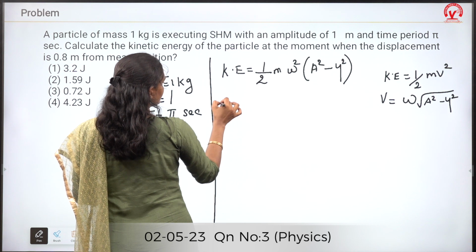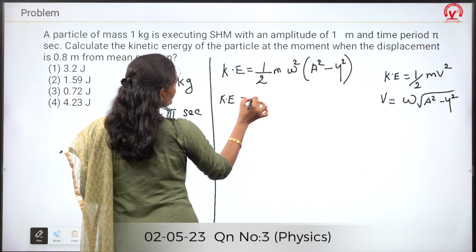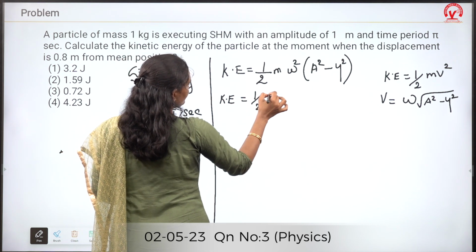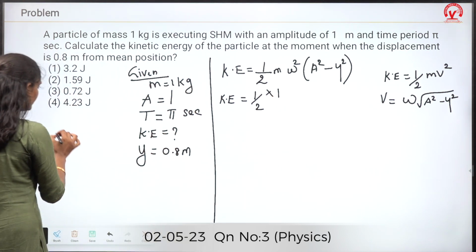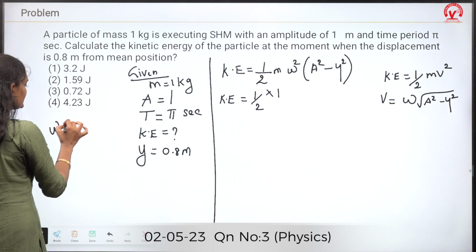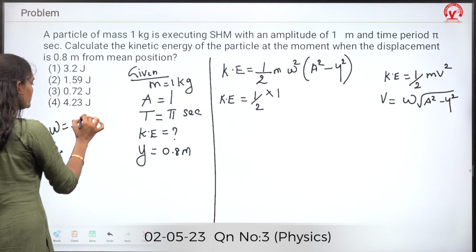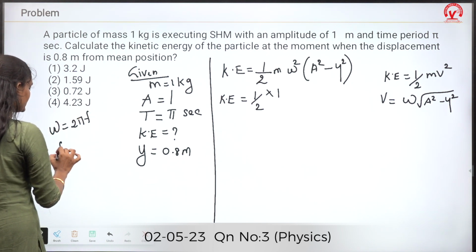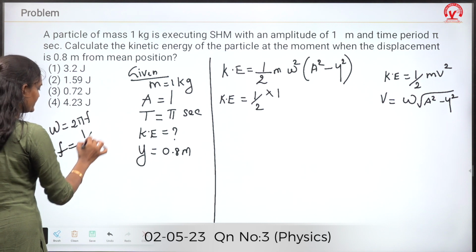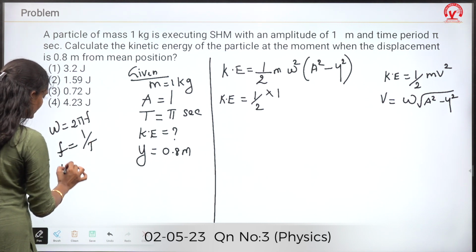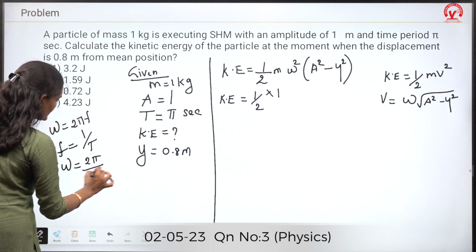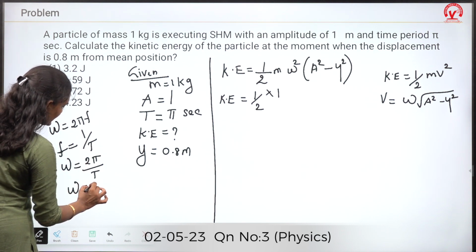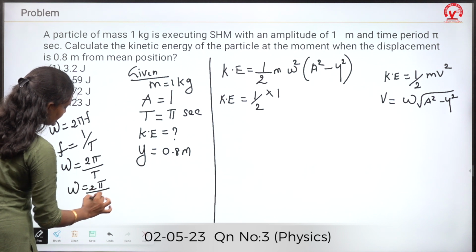Now the kinetic energy is equal to half m, the mass, they have given as 1. Omega is the angular frequency. Omega is equal to 2 pi f, and f is nothing but 1 by T, so we can write omega as 2 pi by T. Now they have given the value of T as pi second.